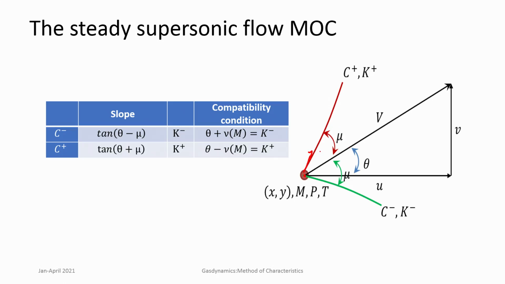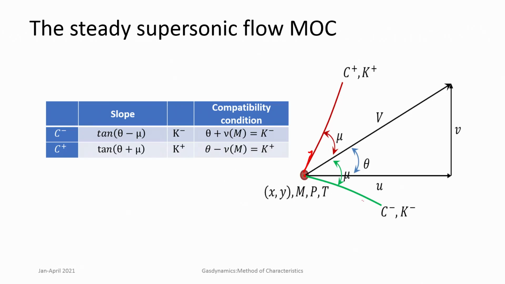that particular characteristic. Along the C plus characteristic there is a compatibility condition, which is theta minus nu, where nu of M is the Prandtl-Meyer angle, that is a constant along this characteristic curve.